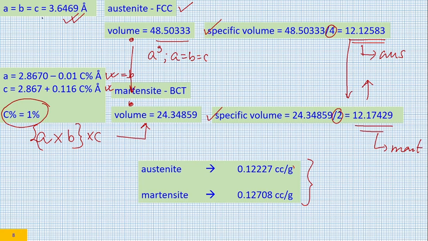This is data we have not calculated. This is per gram of austenite, what is the volume, and per gram of martensite, what is the volume. And here also you can see the volume of martensite is more. This calculation I have not shown. I have shown a different calculation just above.